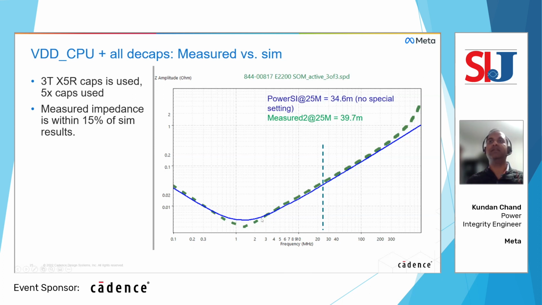So there could be some differences on that. At the later end of the presentation, I will be discussing more information on that. But overall, for the purposes of where we are interested, the measured impedance was within the 15% window of the simulation result.